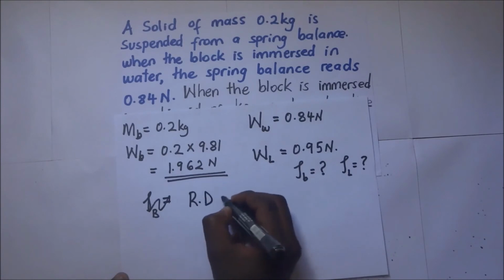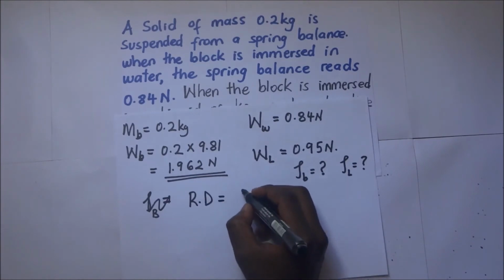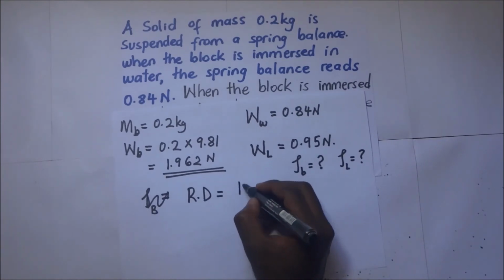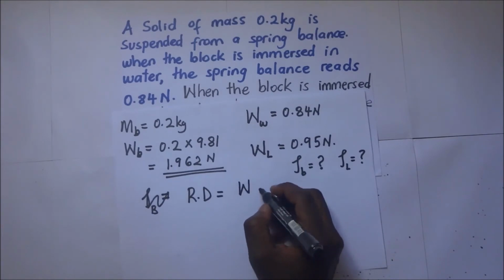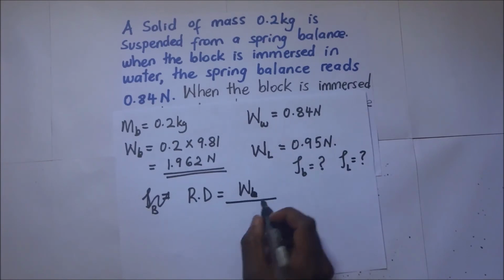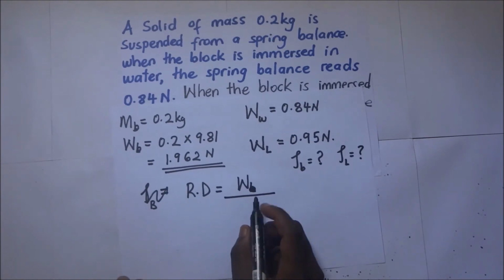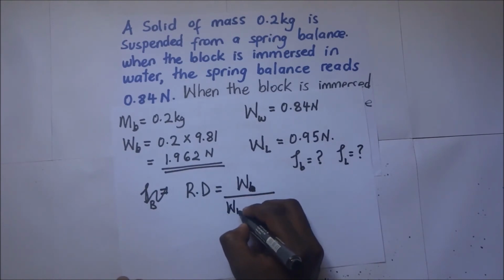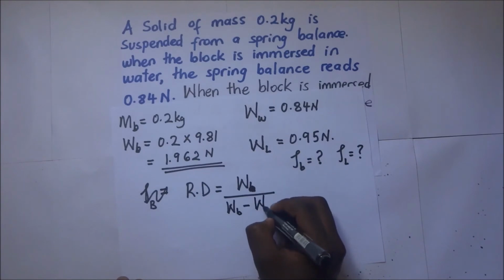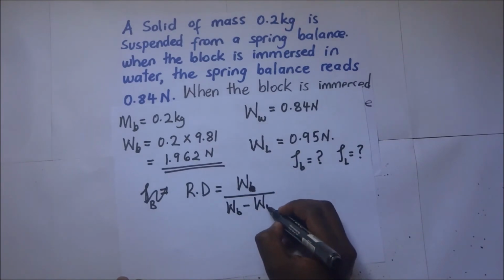The relative density of the block is given by the weight of the block when it is in air, divided by the apparent loss of weight of the block when it is immersed in water. So that means it's going to be the weight of the block minus the weight of the block in water.